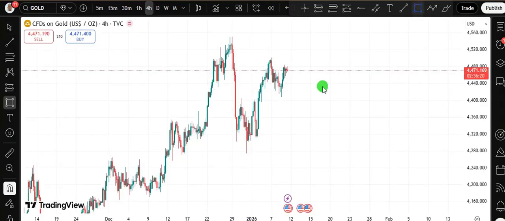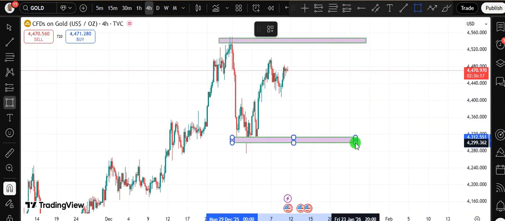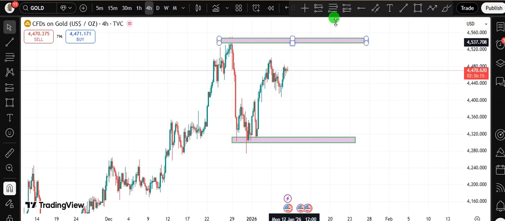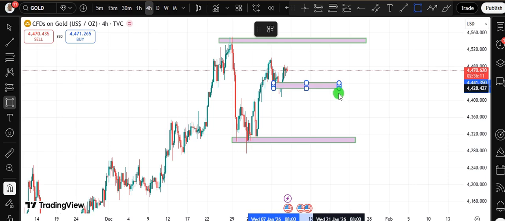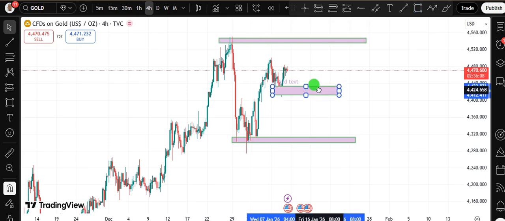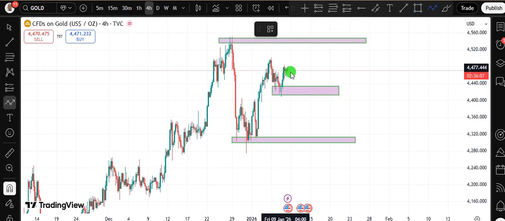As you can see, almost all the charts are somehow similar. Marking this range. Now for gold, here is the previous level still. So possibly we see a move into this zone, then a move into this level, which is going to be the bullish move.